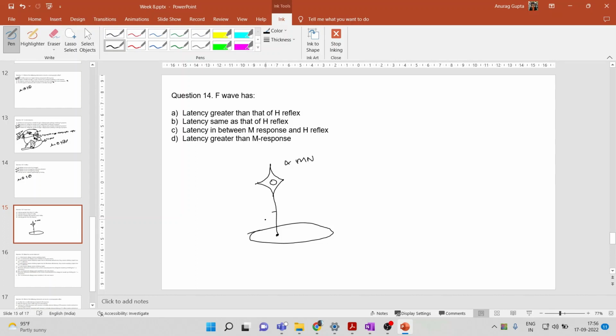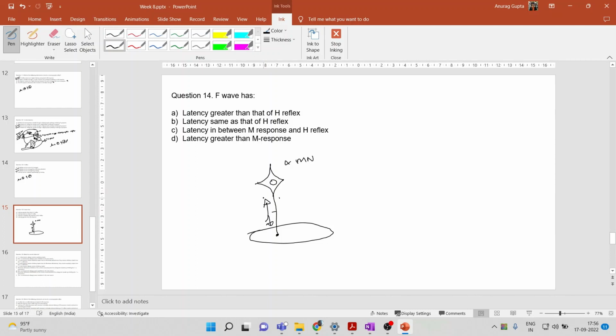This stimulation causes antidromic conduction of action potential in this direction, and orthodromic conduction of action potential in this direction. The orthodromic conduction causes the M response.